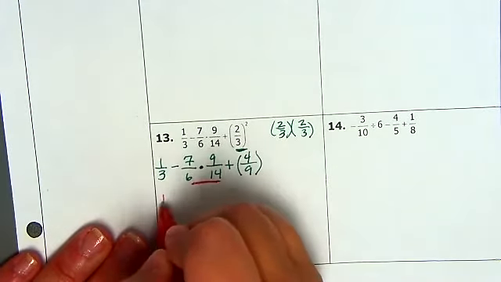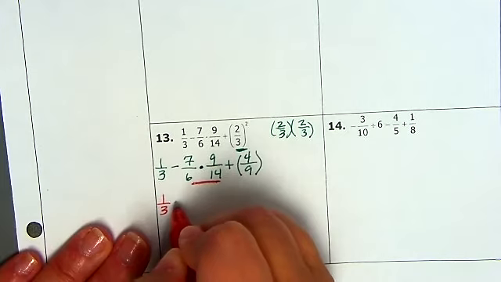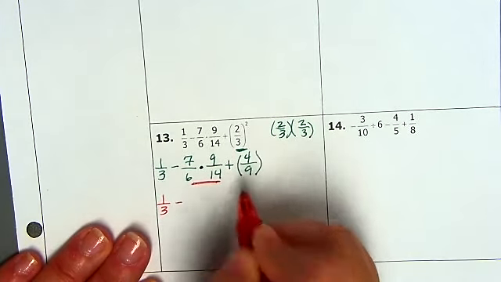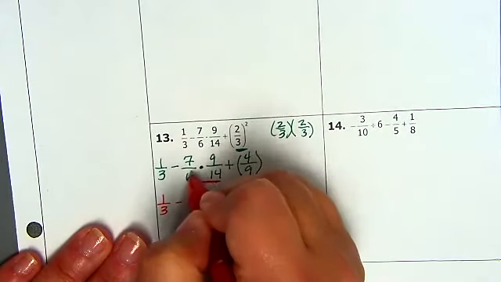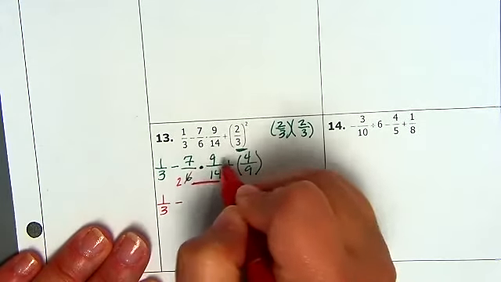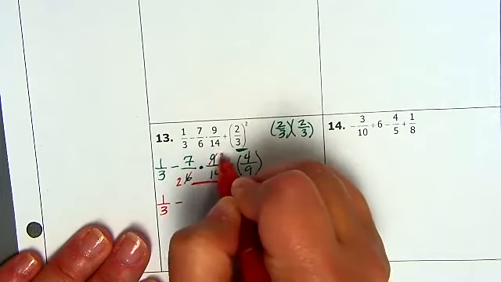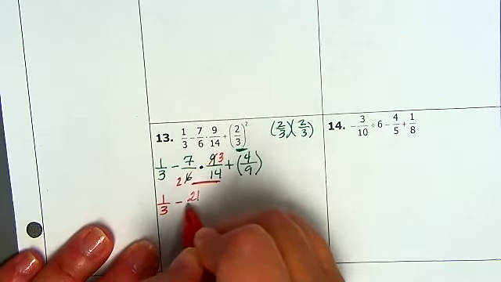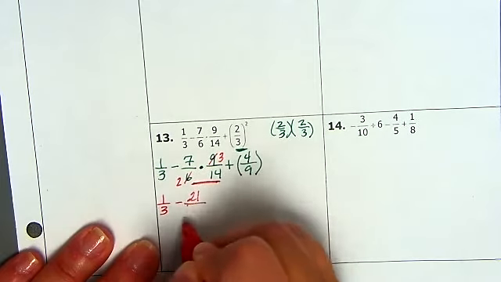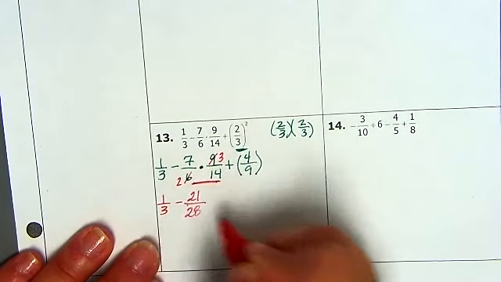Alrighty, so I'm going to bring down everything else. 1 to the third minus, so I'm going to see, it's multiplication. I can cross simplify here. 3 goes into 6 twice. 3 goes into 9 3 times. So now I'm going to have 21 over 28.